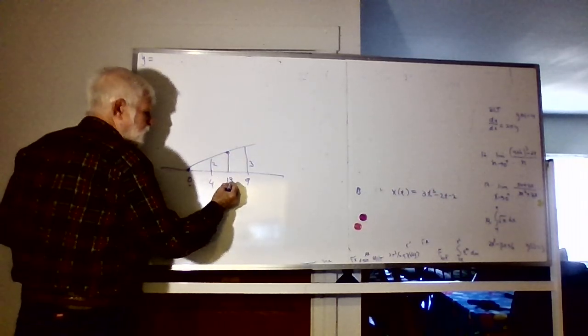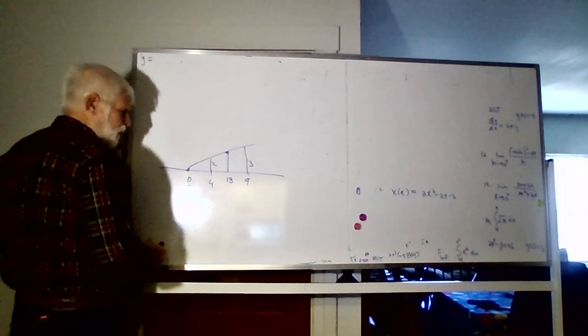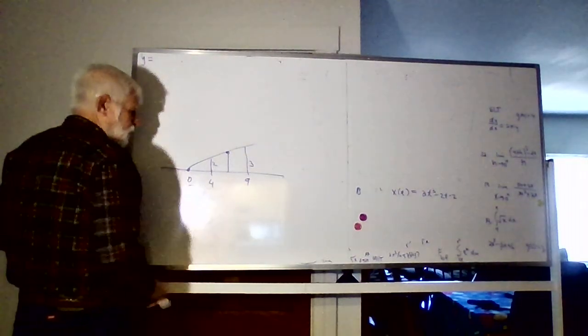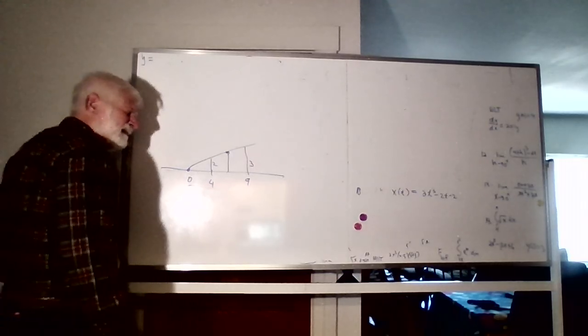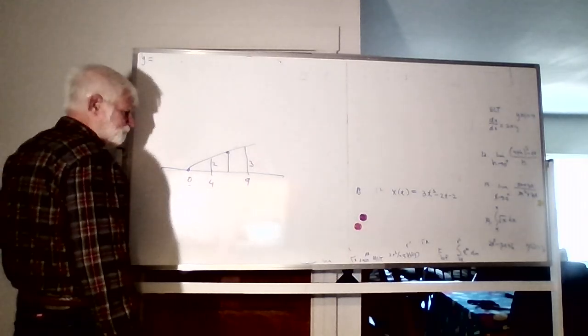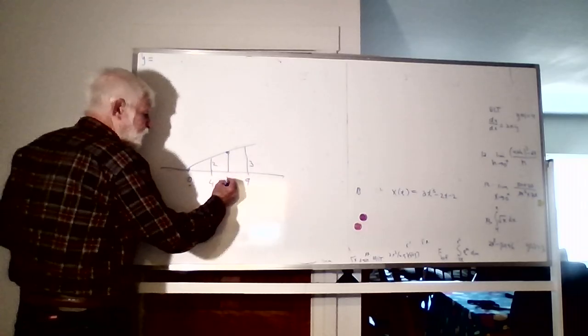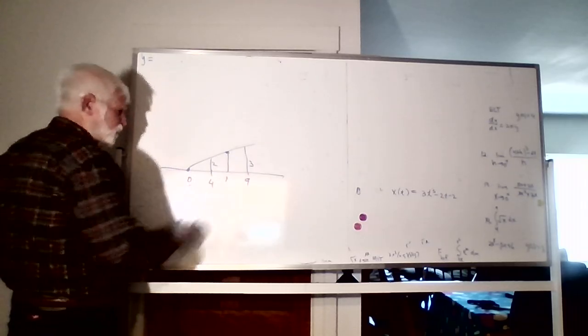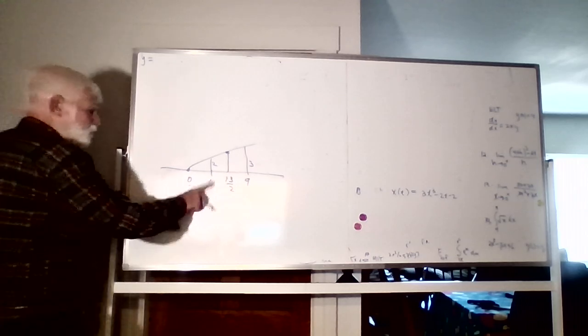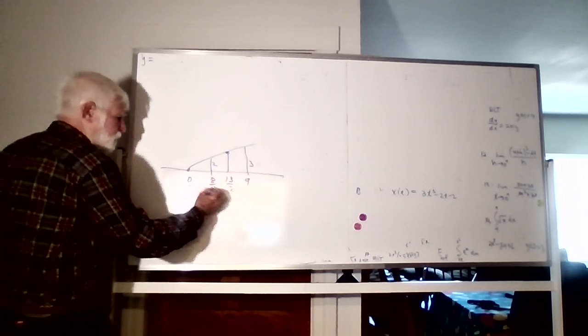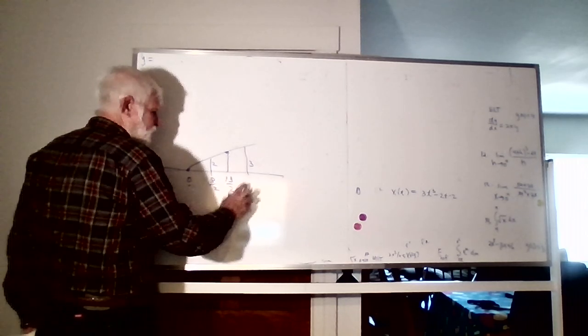So 13 halves is the distance from here to here. Am I saying this right? No. Yeah, 13 over 2 is the midpoint. So 8 over 2 and 18 over 2.